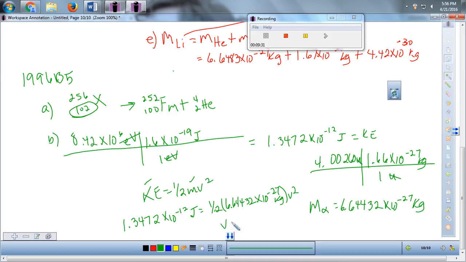When I did my math, I got my V to be 2.01 times 10 to the 7th meters per second. So that was really more convergence than anything else. All right.